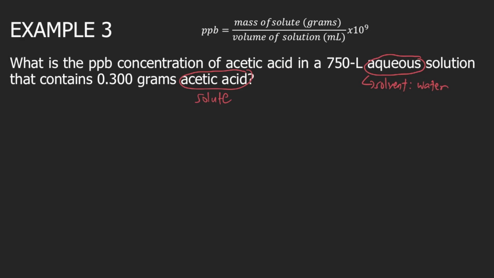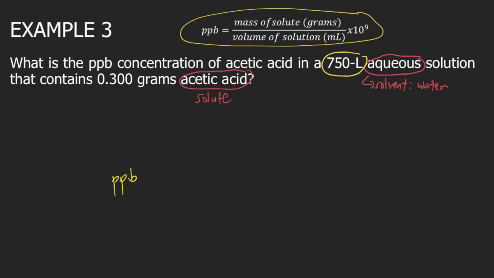This time, we are given the volume of solution, 750 liters. Therefore, we are going to use the second formula for ppb. So ppb is equal to mass of solute in grams.